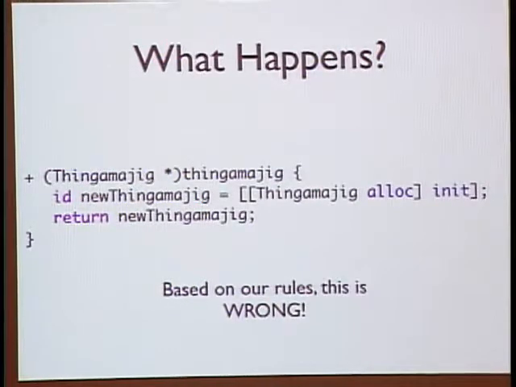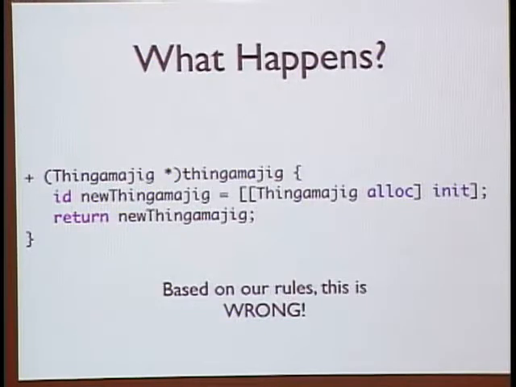So based on our rules, it doesn't say new, it doesn't say copy, it doesn't say alloc, so I'm not responsible for freeing this memory that's been allocated. So basically what ends up happening here is we have a memory leak. Since I'm not responsible for it, and you just left it like this, we're hosed.